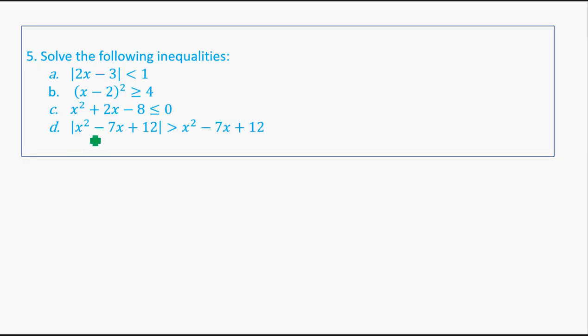Okay. So we have the first inequality, a, mod of 2x minus 3 is less than 1. So what did I say? For this there will be two conditions, right? When mod of x is less than 4, what did I say? For the positive number, x will be less than 4 and x will be greater than minus 4, right?